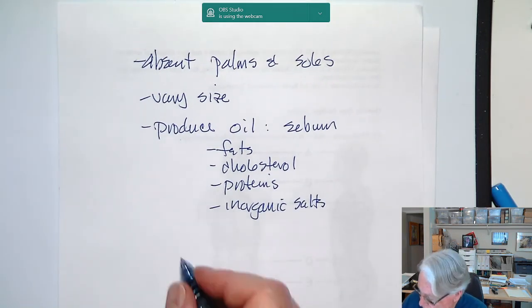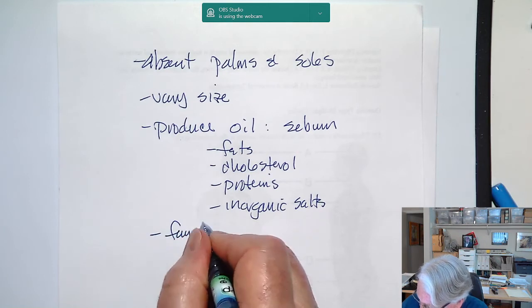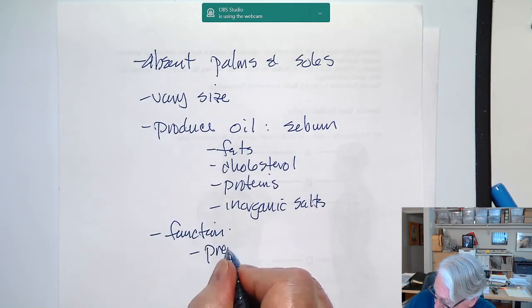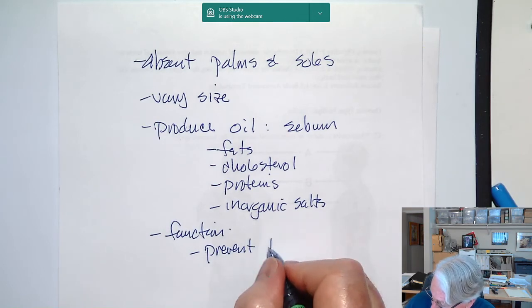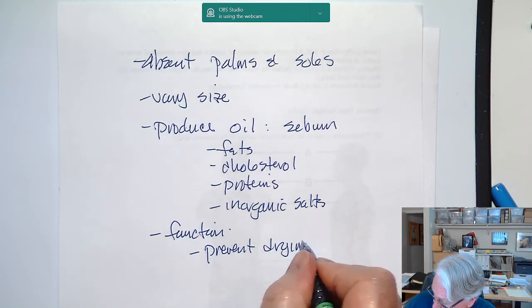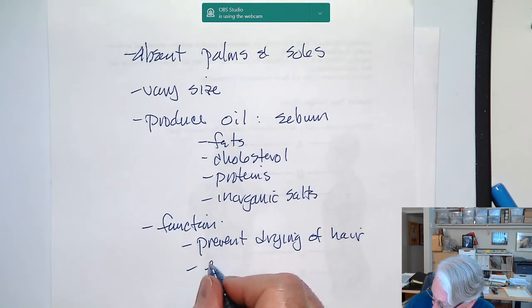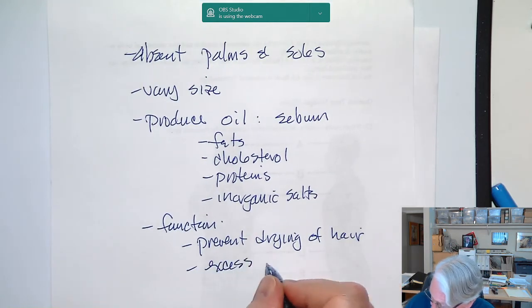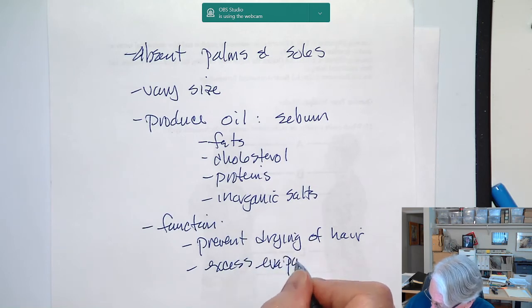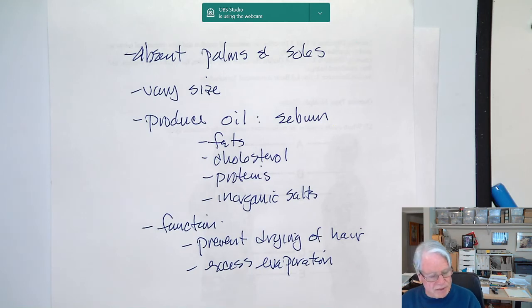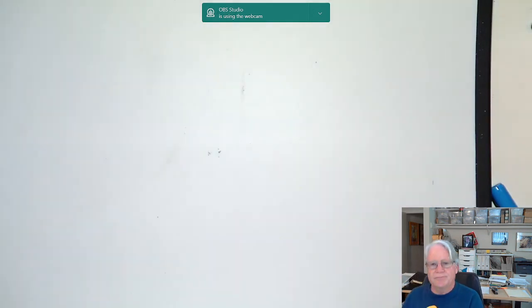Okay. Its function, that is the function of the oil, is to prevent hair drying, and also excessive evaporation. So it's acting as a waterproofing in some ways.